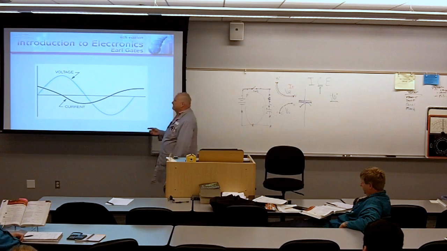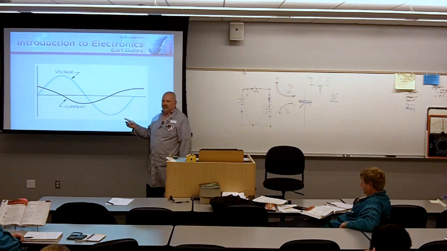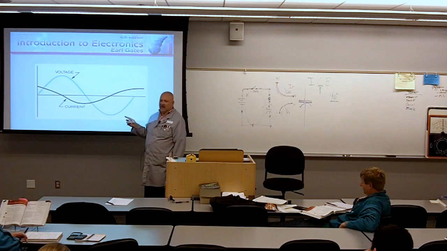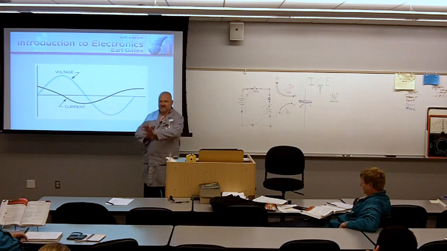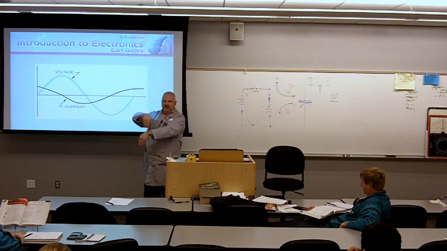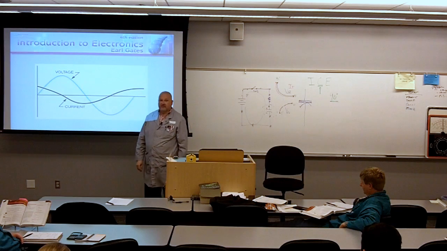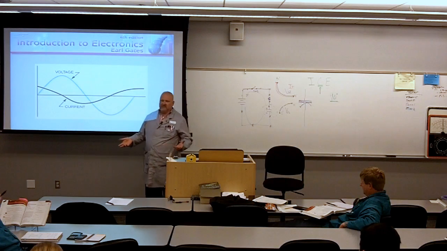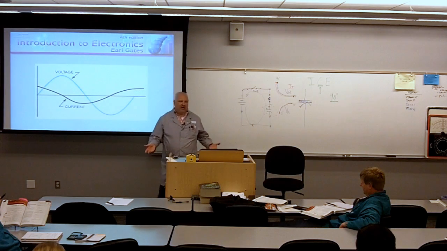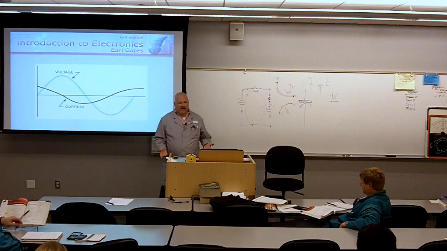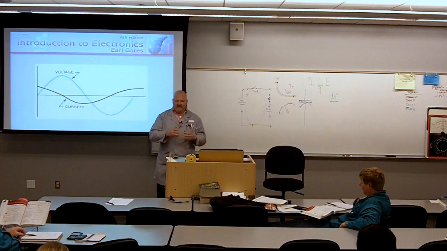Now, how many of you would dig calculating out time constants for something that's constantly changing? Any takers? Okay. The forefathers of electronics basically figured this out, that they would go insane if they had to calculate out time constants for something with AC.